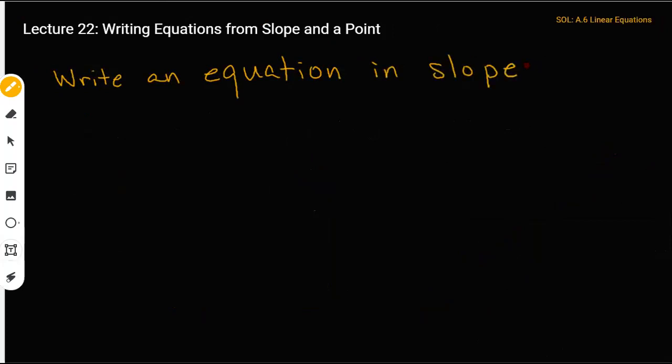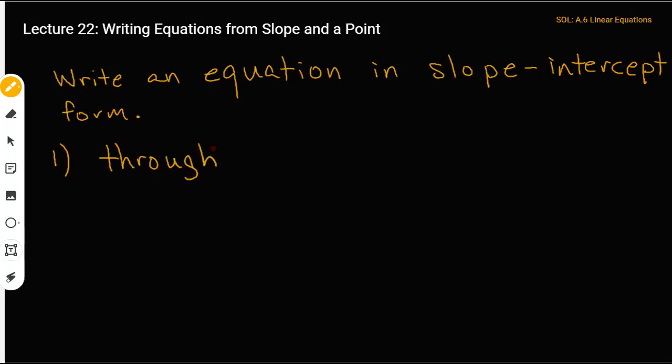Okay. So you don't have to write what I'm writing up here. This is just the directions. Okay. So number one, they're going to give you two pieces of information. The first thing that they're going to give you is an ordered pair.